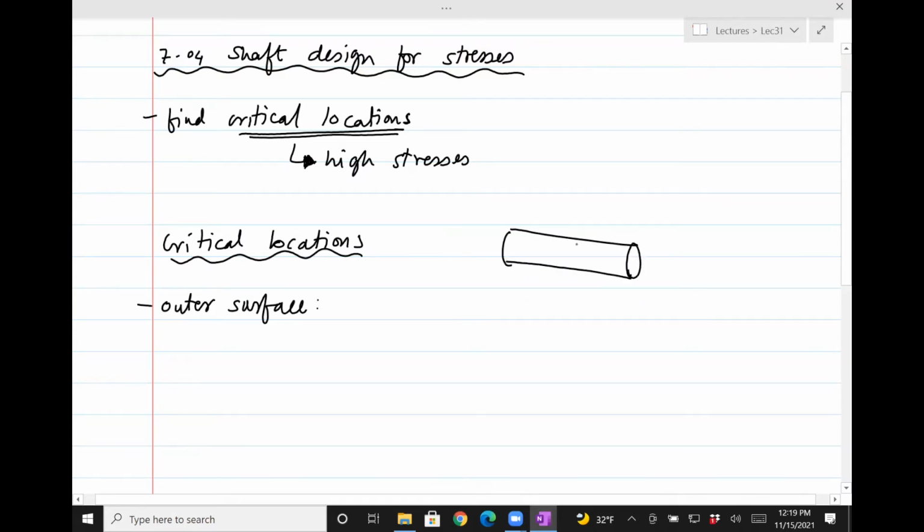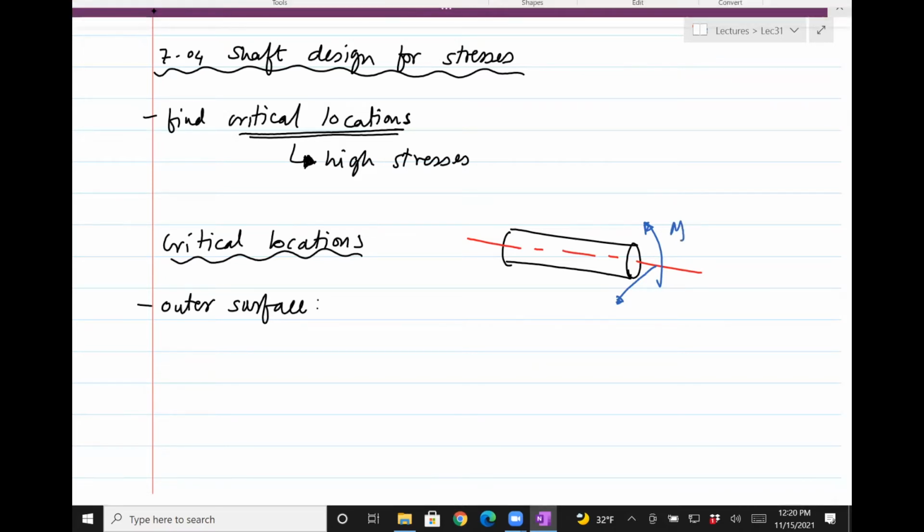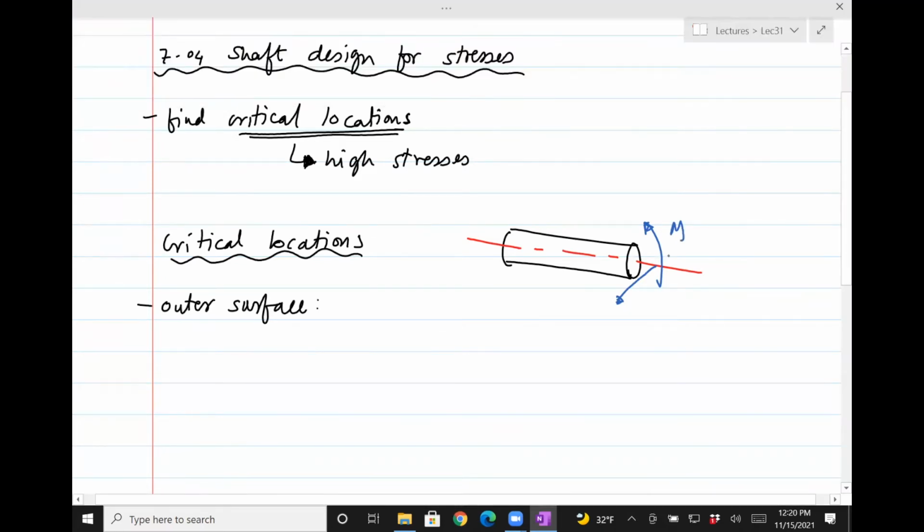When you have a shaft and you bend it, you're going to load it such that the axis of bending is this. When you torque it, on the other hand, the axis for torque is this way. Right? They're about different axes.